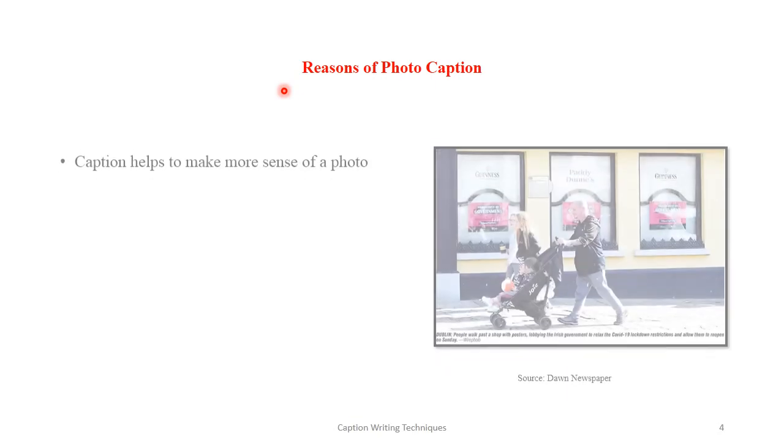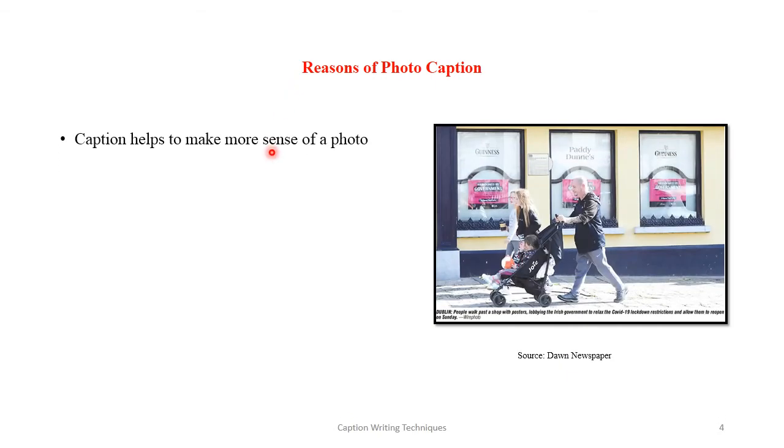So this slide will explain the various reasons why we write a caption with a photograph. What are the possible reasons for writing a caption for a photograph? The very first reason is that a caption helps to make more sense of a photograph. Look at the example.